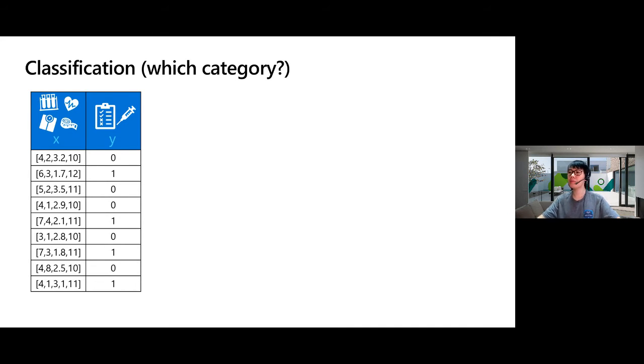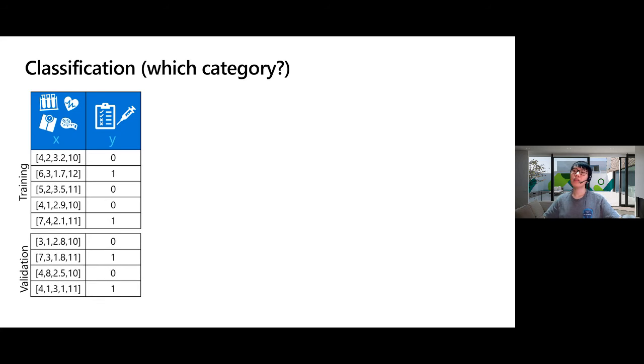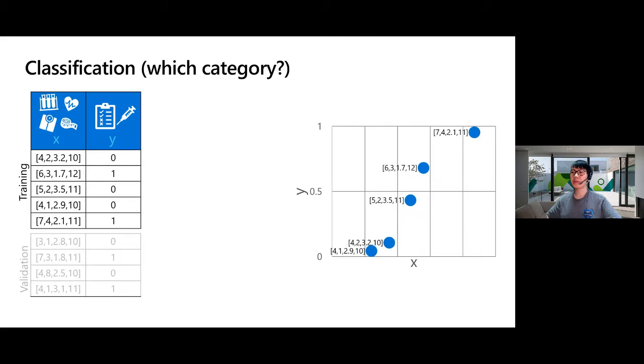In the first column, the values are vectors of diagnostic measurements. The second column contains a 1 or 0. Once again, we split the data into a subset for training and validation. Now, we will take the training values and apply an algorithm that fits them to a function so that the y value is between 0 and 1, like this.